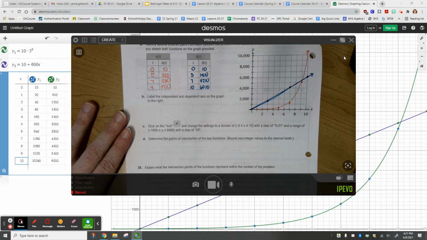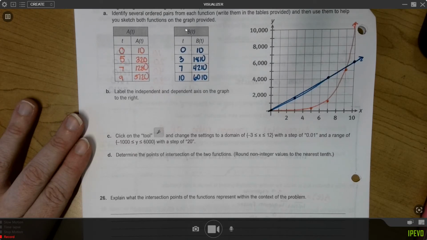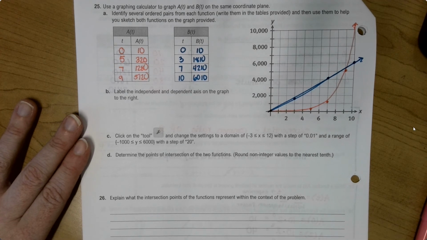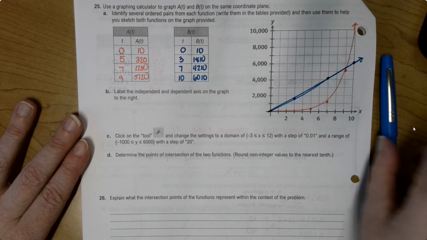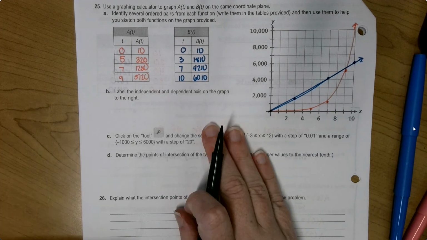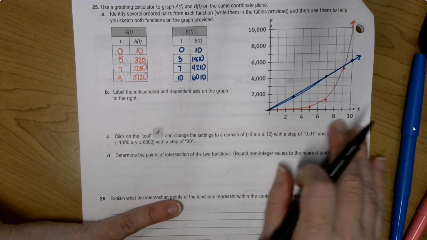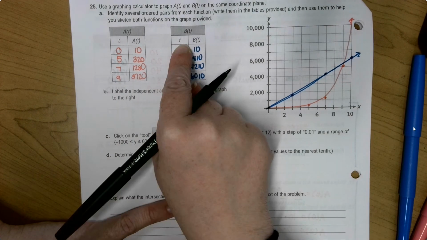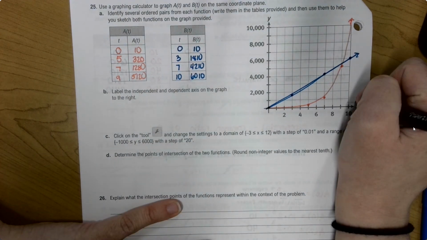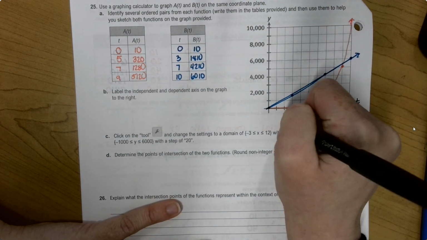All right, so let's zoom back in on this so we can see. So we've graphed our 2 bacteria colonies. All right, part B says label the independent and dependent axis on the graph on the right. So X, what does X represent? That is our elapsed time, T, and that is in minutes.